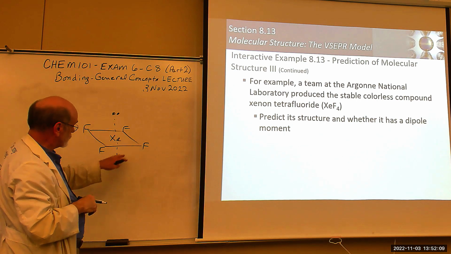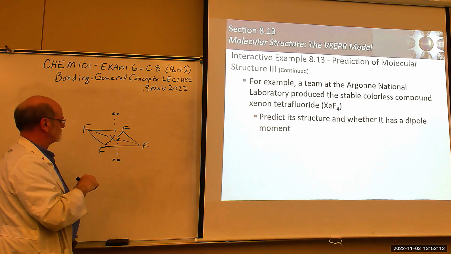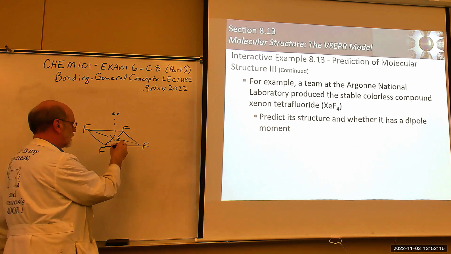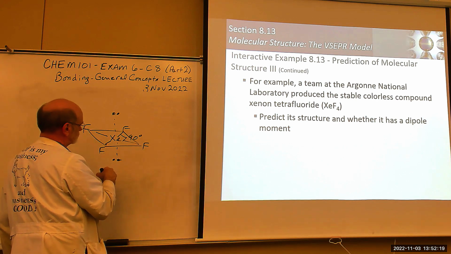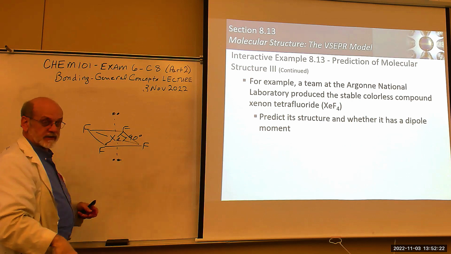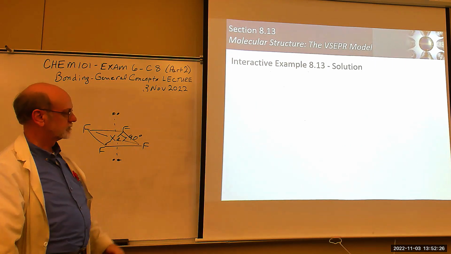So the electronic structure is octahedral. And the bonds here are 90 degrees. And those are the only bonds that matter, because these are lone pairs. So that's square planar.